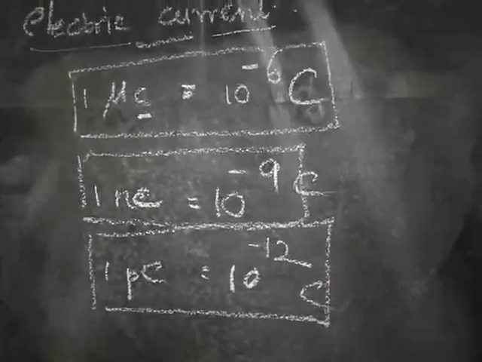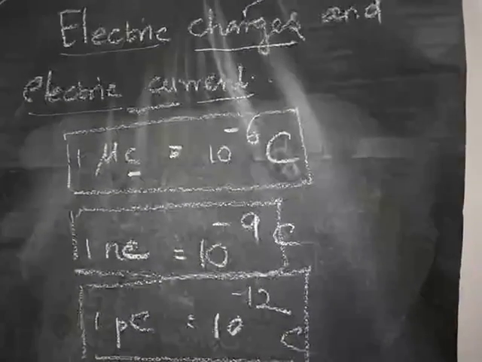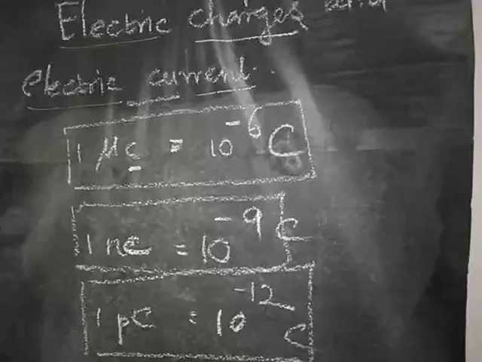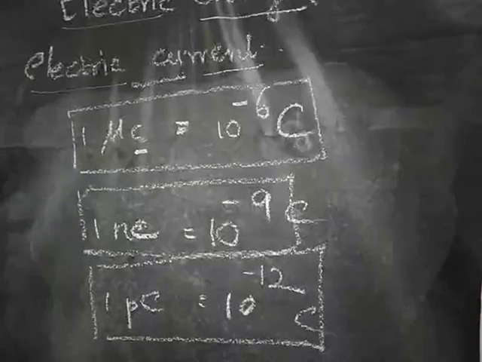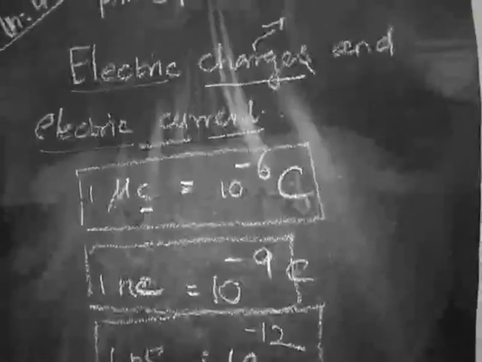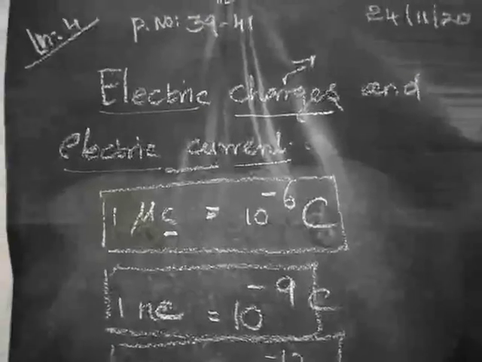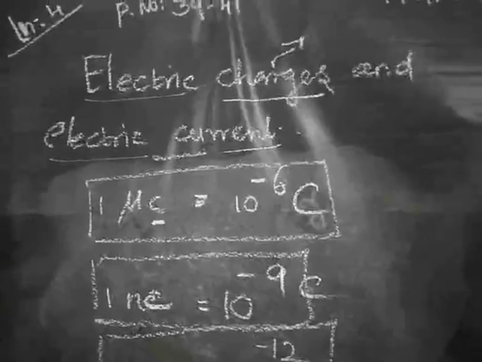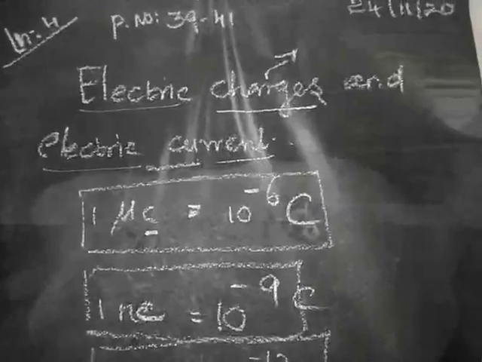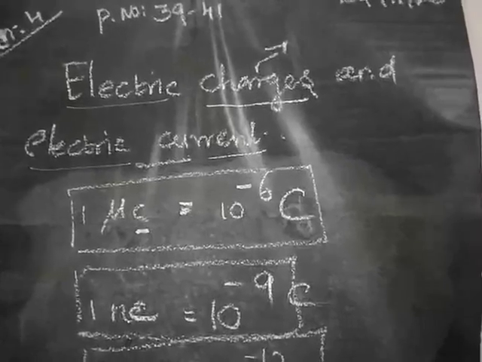Next, electric charge is additive in nature. Additive in nature means it is one of the factors used to determine charged particles. The total electric charge of the system is the algebraic sum of all the charges located in the system.